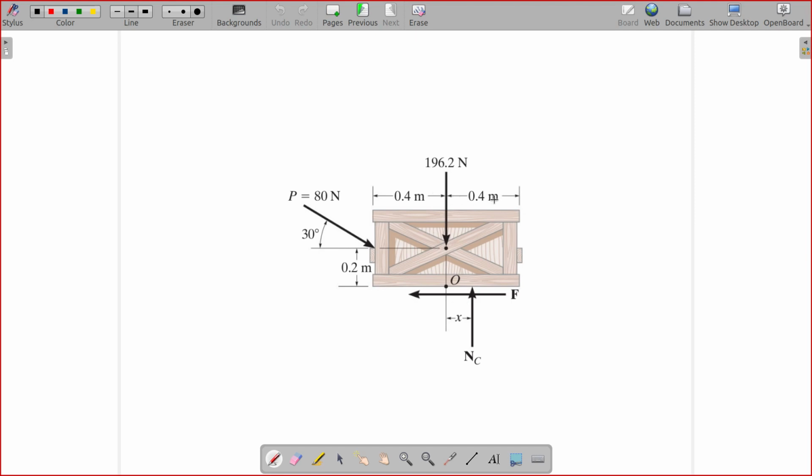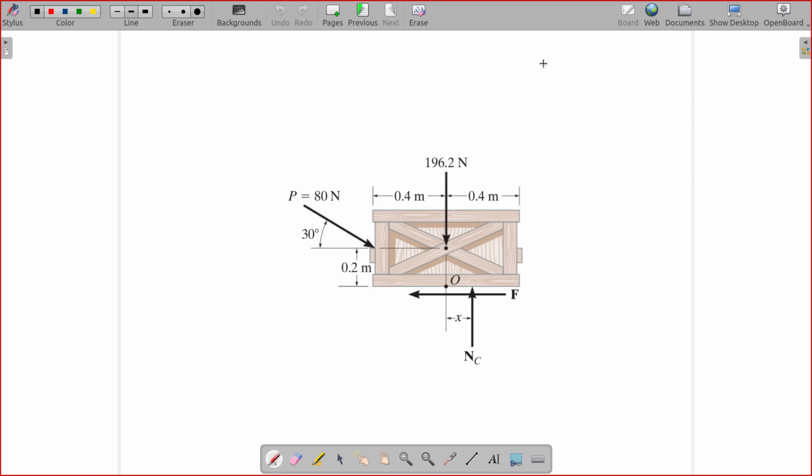These dimensions are given. The dimension is 0.8 meter long, hence the weight should act on the middle. We assume that this is a uniform crate, and here this distance is 0.2.